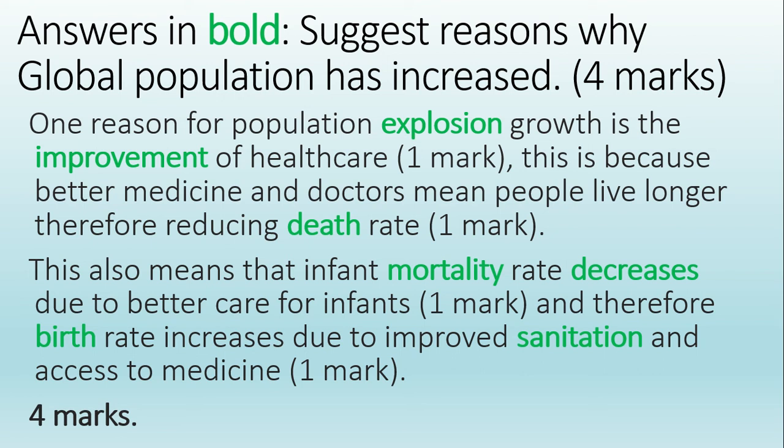This is because better medicine and doctors mean people live longer, therefore reducing death rate. This also means that infant mortality rate decreases due to better care for infants, and therefore birth rate increases due to improved sanitation and access to medicine.